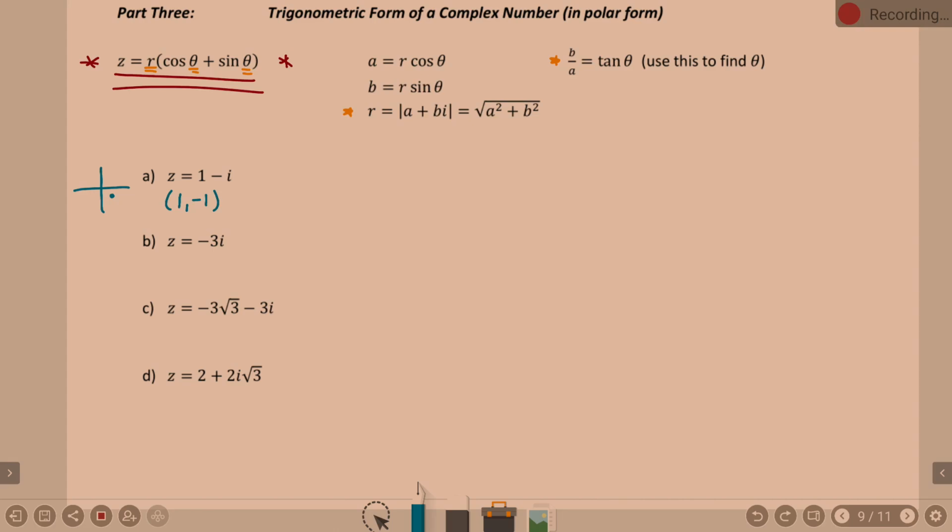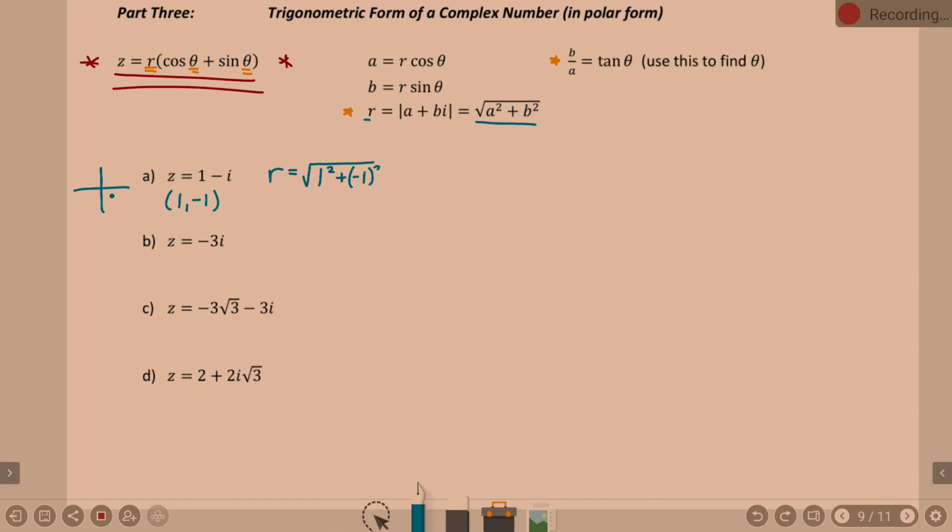Okay, so we need to find two things. We need to find R, we need to find theta. What are we going to do to find R? R is the absolute value of the number, so the square root of a squared plus b squared. What's a? A is 1, so 1 squared, plus, what's b?